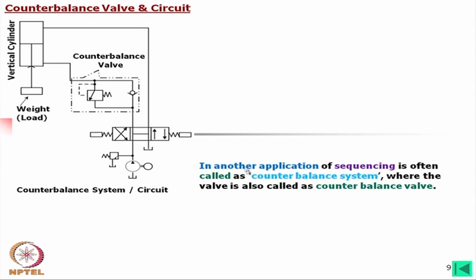This is also somewhat of a sequencing valve, and is called a counterbalance system. The valve principle, as you see, has a pressure relief, a non-return valve, and the same as a pressure relief valve. So this is also some sort of sequencing valve, but here the purpose is different.